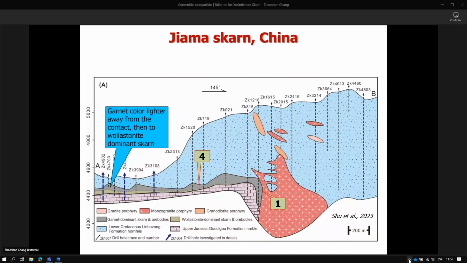This one occurs at the boundary between the shale and the limestone. That's another example. This one goes about 2.5 kilometers, and if it were not eroded, it could have been more. Now, if you look at the zoning pattern, the garnet color is darker here, then gets lighter here, and towards here becomes wollastonite.